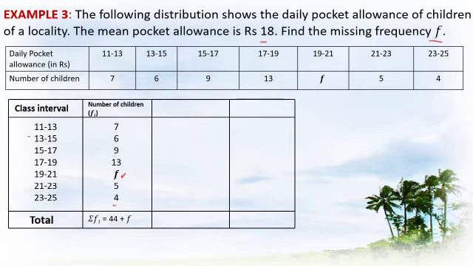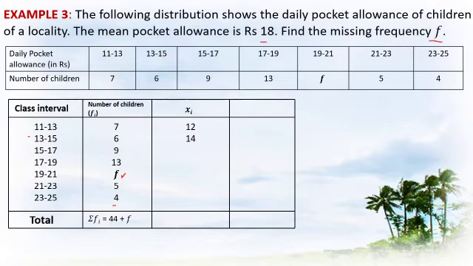Here also we follow the same method. So first of all, find the class mark of each class interval. First class interval 11 to 13, so the class mark is 12.